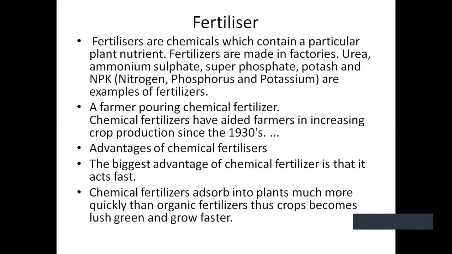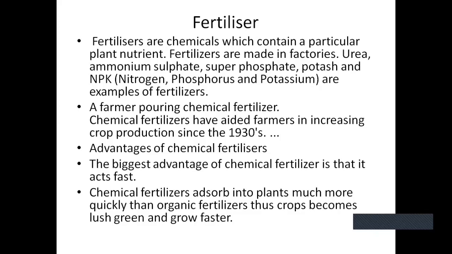And actually the advantage of chemical fertilizer is really very good because it acts very fast, it gives the result very fast, right? The chemical fertilizers are immediately absorbed in the plants, and as they are absorbed quickly compared to the other organic fertilizers, these have become more popular among the farmers, because what they feel is if they apply these fertilizers in their field, they are going to get an abundant crop, right?